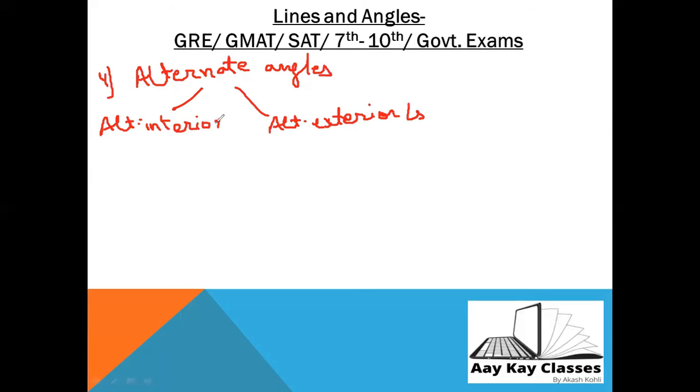Right. So let's write down these angles now. Alternate interior angles. I'm going to draw the lines again so that we can check our answers. Take it as a parallel line.